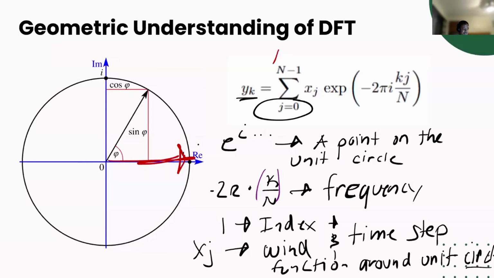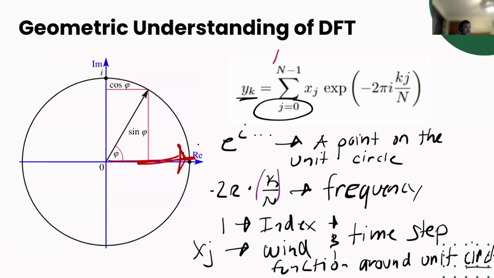And so just to say it in more layman's terms, what the DFT is doing is geometrically wrapping a function around the complex unit circle and then adding those values to one another to see if the signal constructively interferes with itself or not.